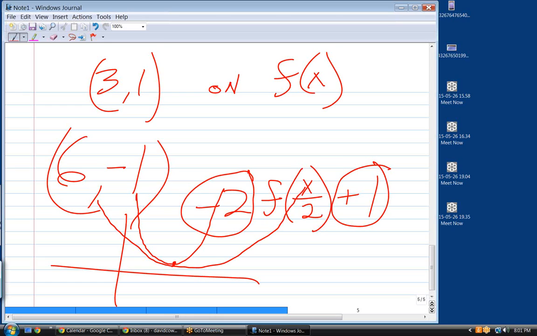And the plus 1 changes the y value, so it just brings it up. Could you just graph it to figure it out? No, you can't, because they don't give you f of x. This is one that really requires you to apply the transformations to figure out where the new point's going to be.